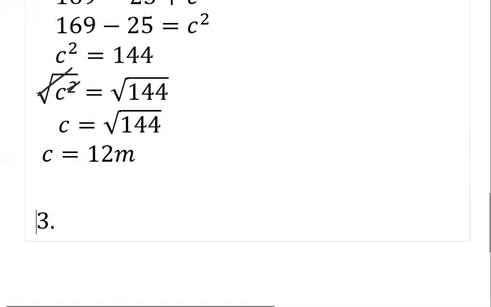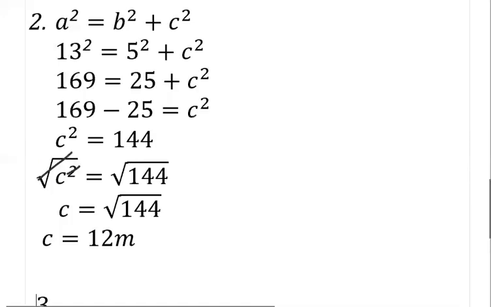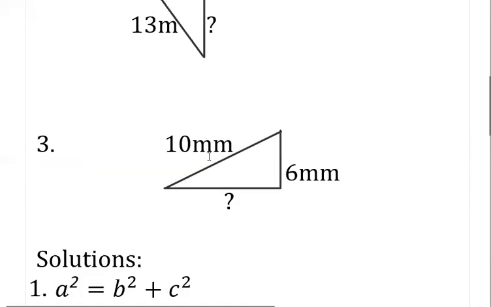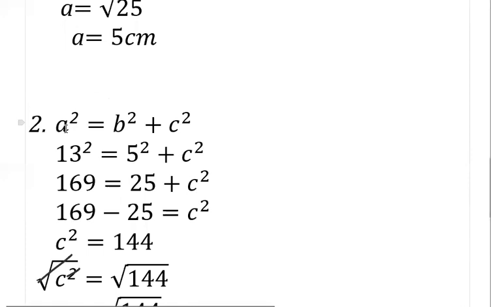Awesome. So let's check. Question number 3 says we should look, okay. We are also given the hypotenuse this time around, but we are not given one other side. We are given the hypotenuse this time around to be 10 millimeter. So let's go straight to solving our question. Let's get this as a template.